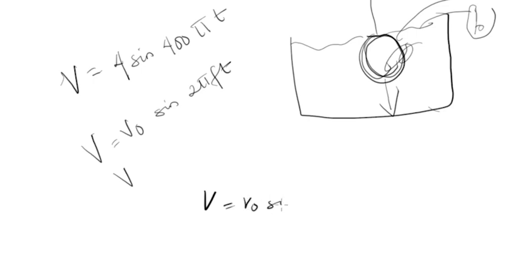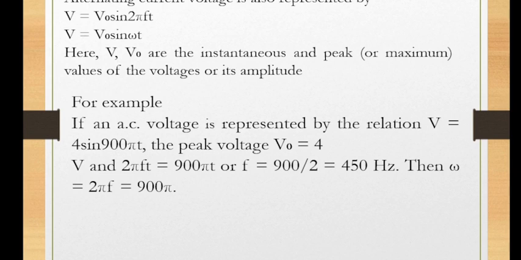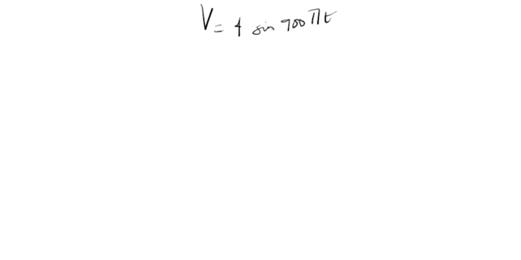Let's check if that's what we were given. V is equal to 4 sine 900 pi t. And don't forget V is equal to V naught sine omega t. So V is equal to V naught sine, you can call it 2 pi ft or omega t.